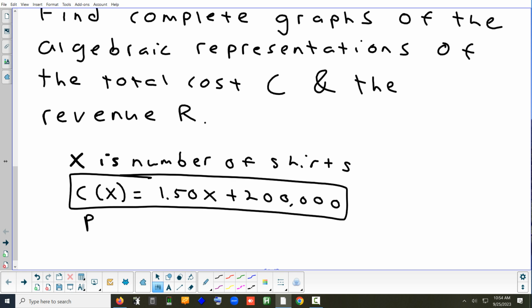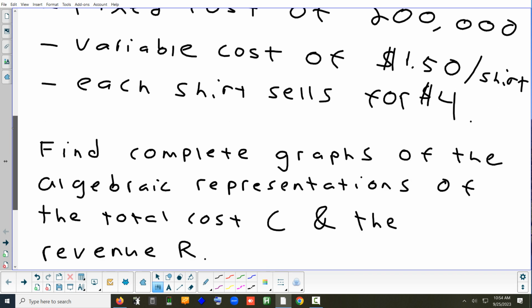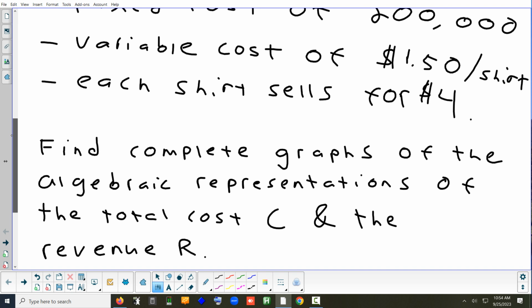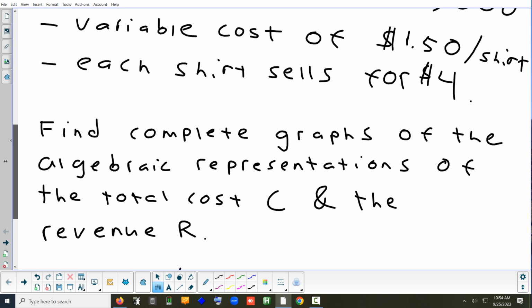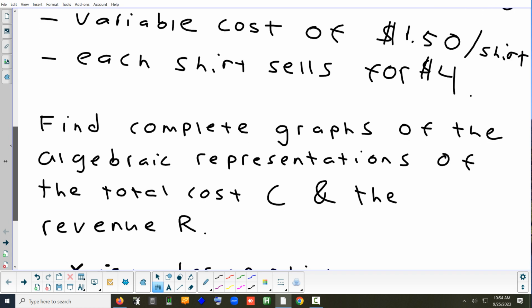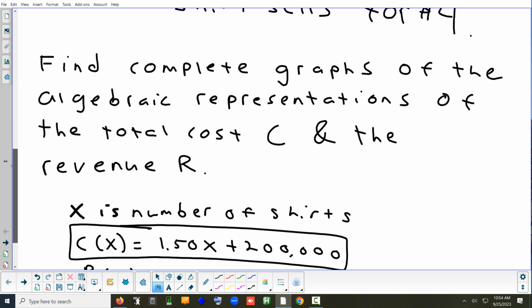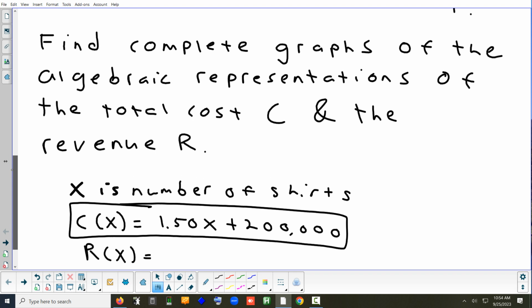And now I want a formula for the revenue. Again, revenue is not necessarily profit. It's just the money that they get from selling shirts. What would that be? I know how many shirts they can make with $200,000, I checked that already: 133,000.